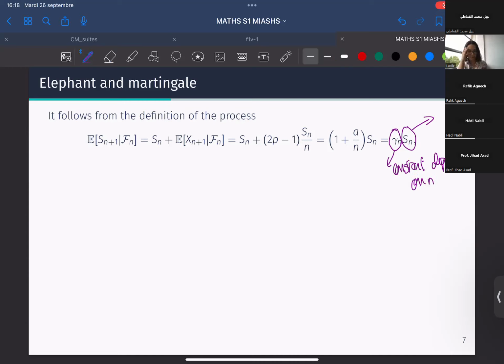So this is almost a martingale, because if it were a martingale, we wouldn't have this gamma n here. But luckily, thanks to this, we can find a martingale that is suitable for the elephant random walk. So this gamma n is just 1 plus a over n, and a is 2p minus 1.